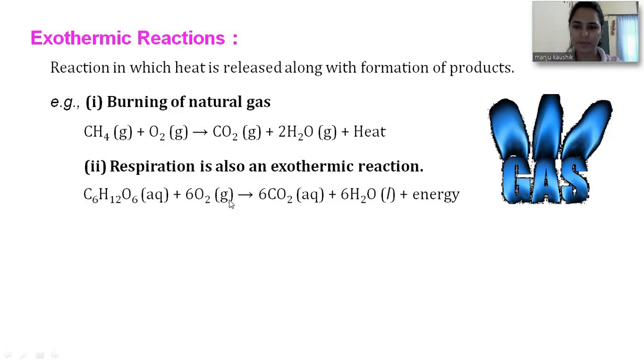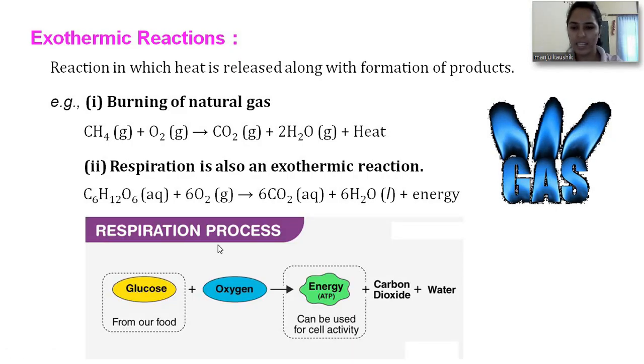Okay students, as you can see in this diagram also, glucose, which we get from our food, combines with oxygen and gets converted into carbon dioxide and water. And in this process, energy is also released in the form of ATP molecules, which we use for all the activities we do.